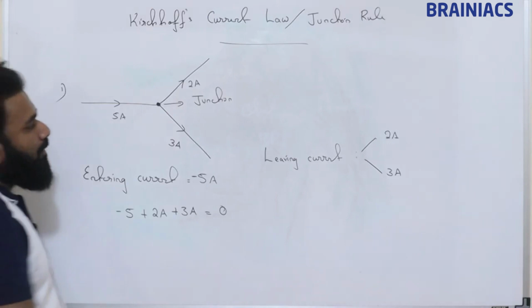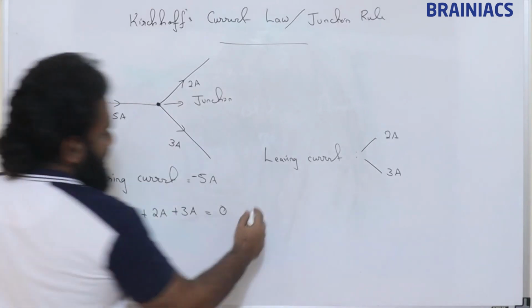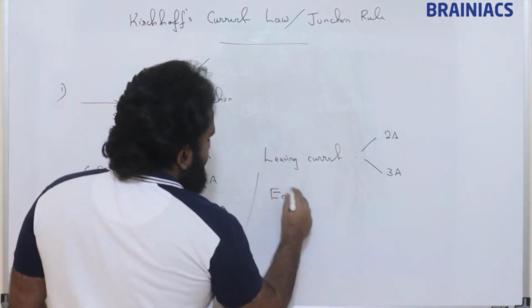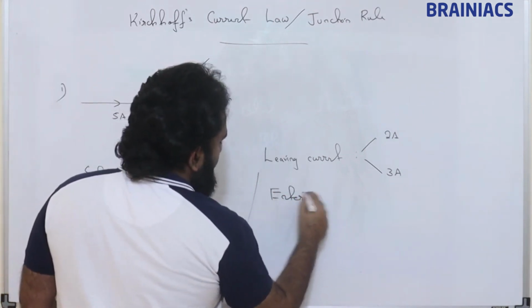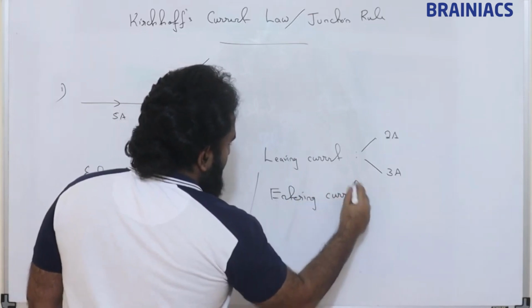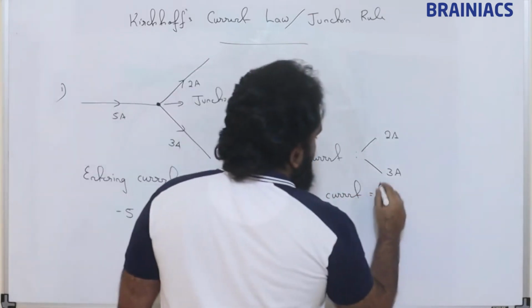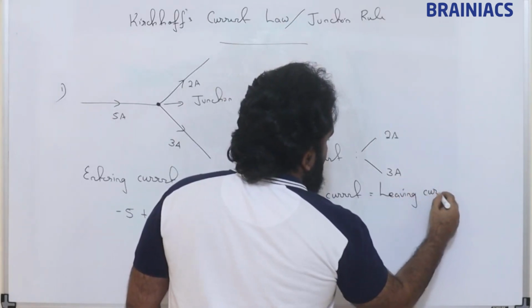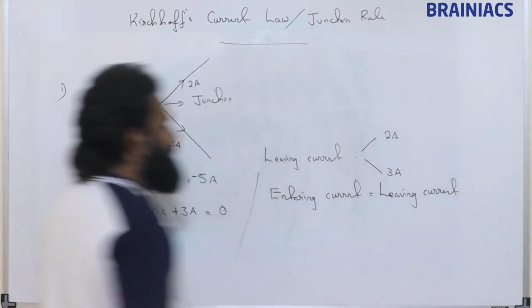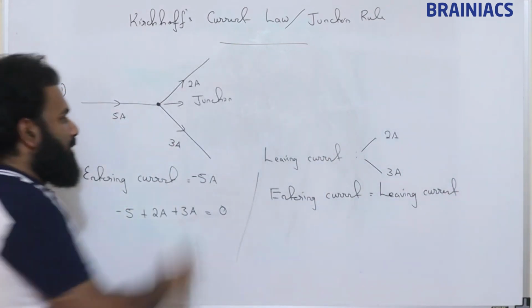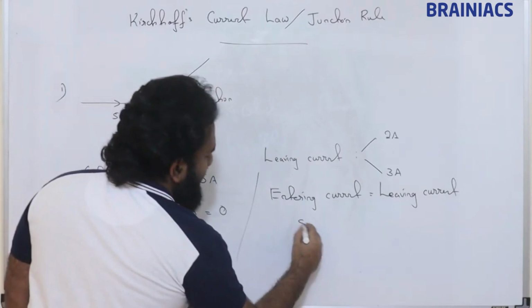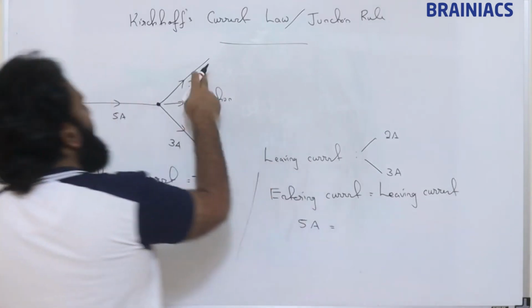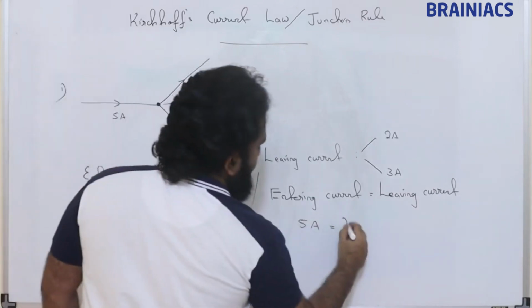Or in other words, entering current will be equal to leaving current. Suppose entering current we take as 5 ampere, then this will be equal to leaving current, 2 ampere plus 3 ampere.